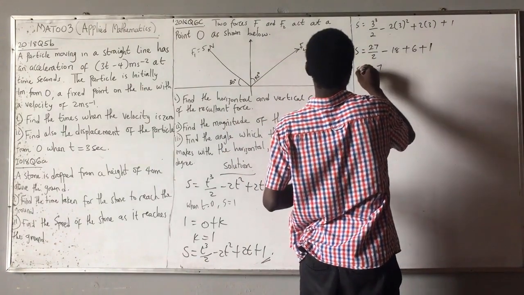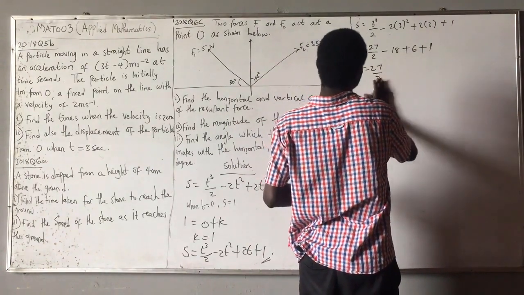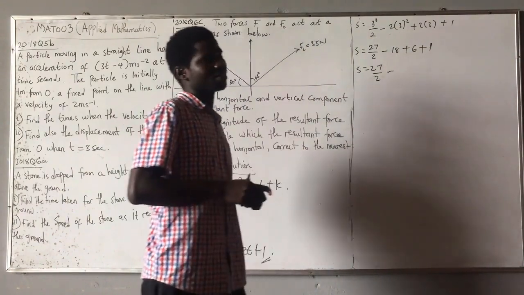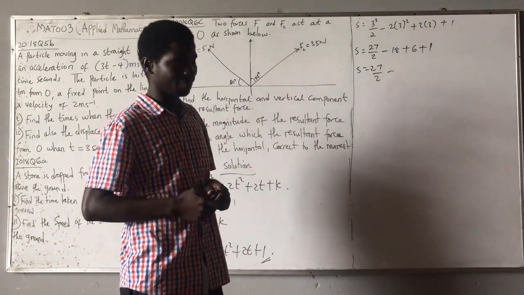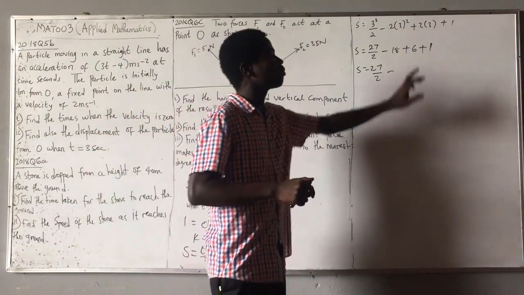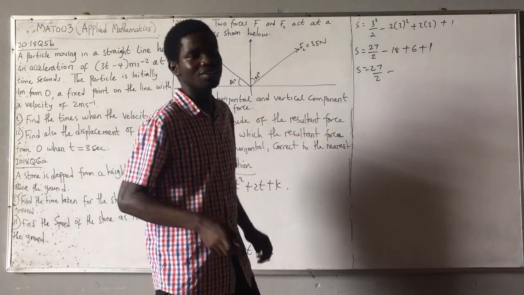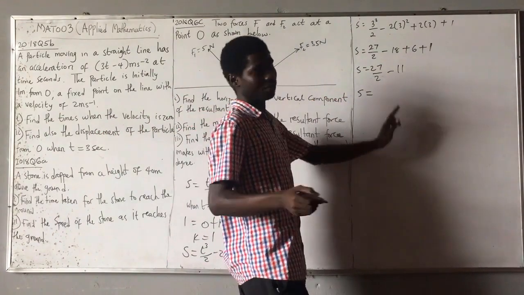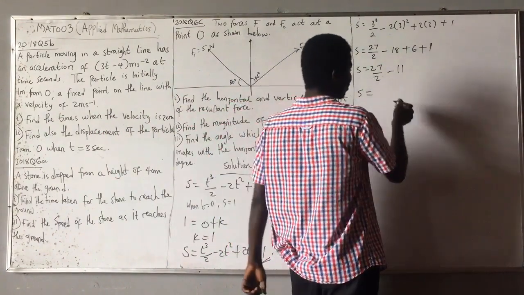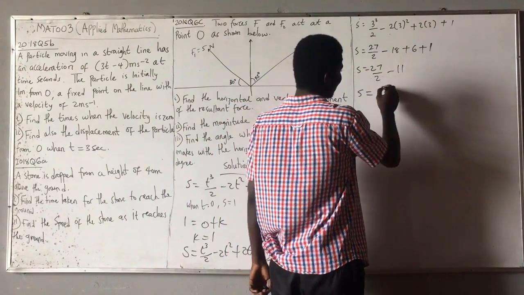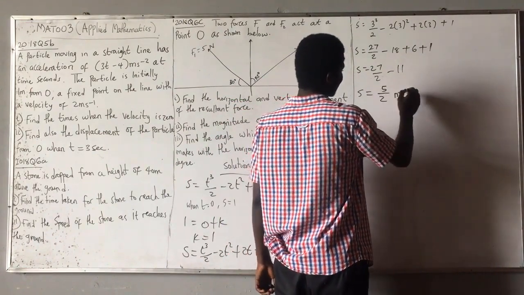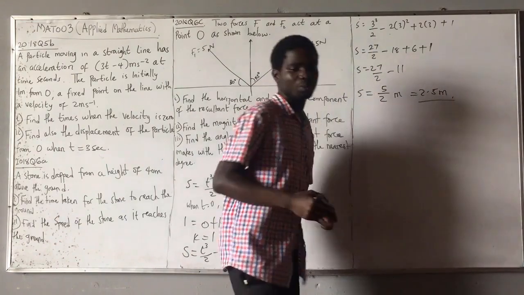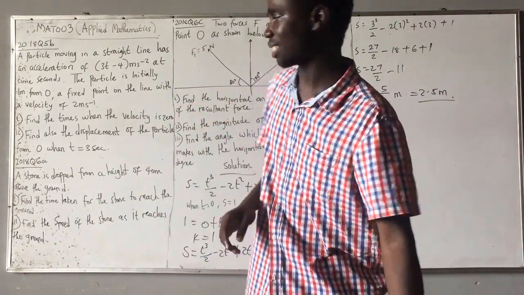So s equals 27 over 2 minus 18 plus 6, which is minus 12. Minus 12 plus 1, the answer is minus 11. You can just use a calculator: 27 over 2 minus 11. The answer is 27 minus 22, which is 5 over 2 meters. That is 2.5 meters. That is the answer to that question.